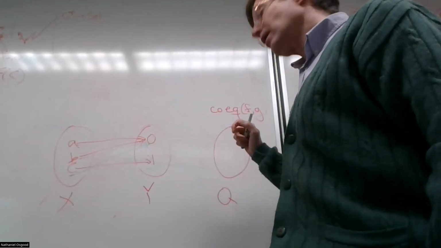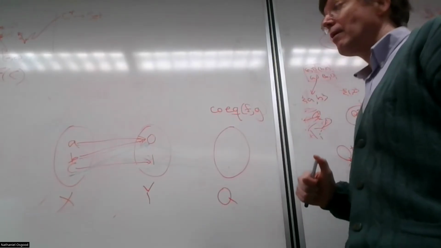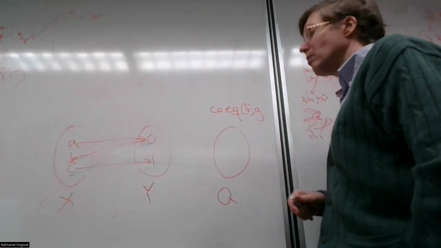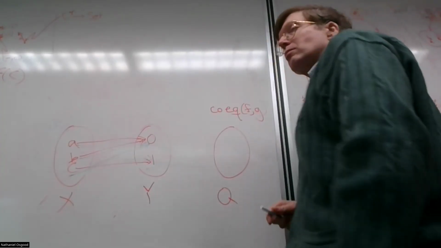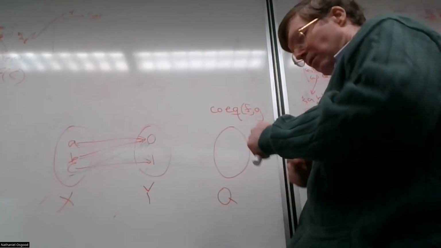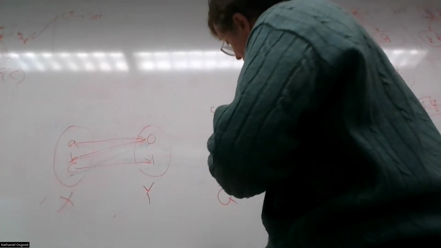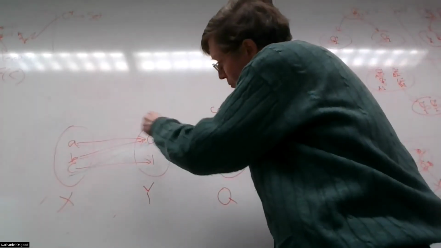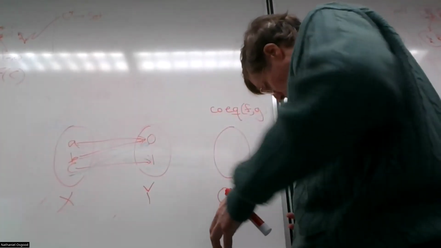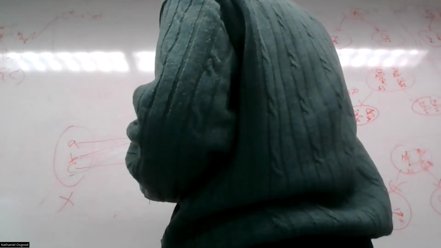It's going to be equivalence classes of elements of Y, things in Y that are glommed together, sort of subsets of Y that have been made equivalent to one another by virtue of the mappings by F and G.